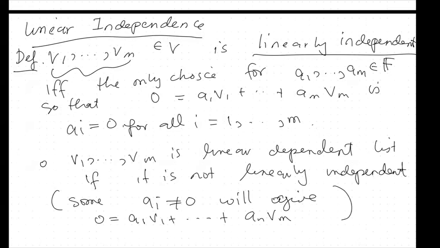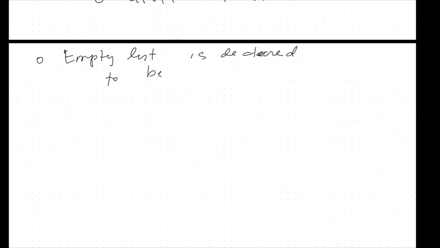Next definition: the empty list is declared to be linearly independent.